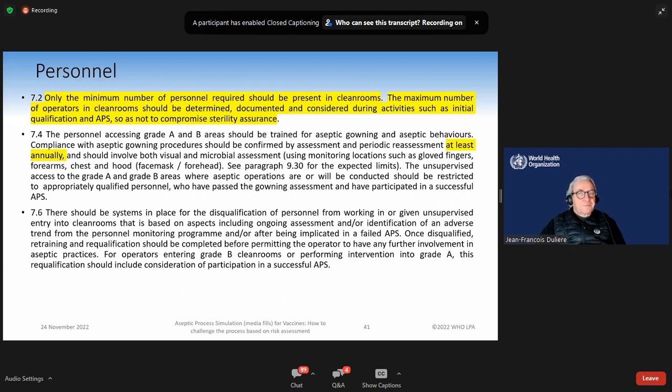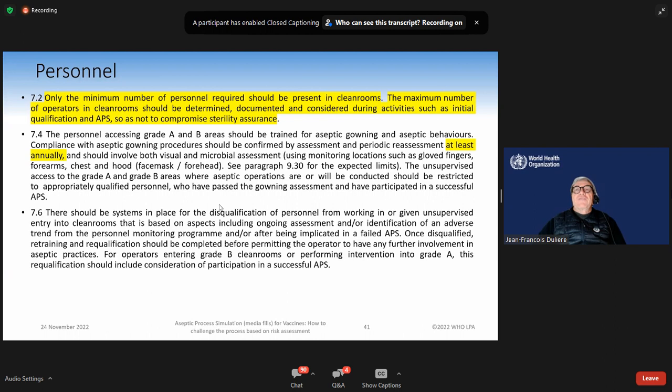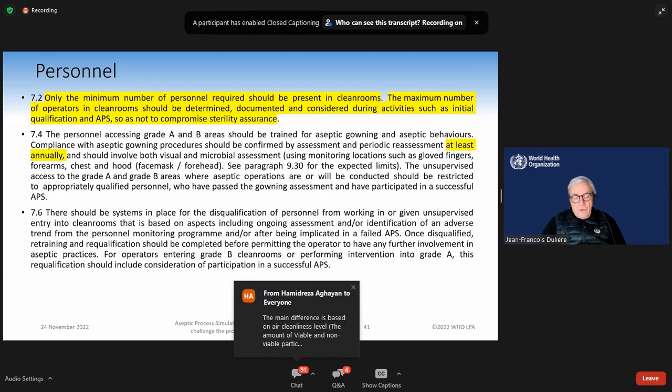Now we have talked about qualification, and regulators ask that industry companies think to have as well a system in place for disqualification of personnel from working in these critical areas, which are grade A and B areas.